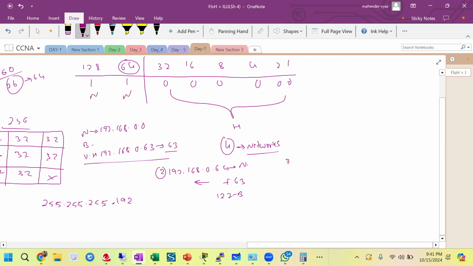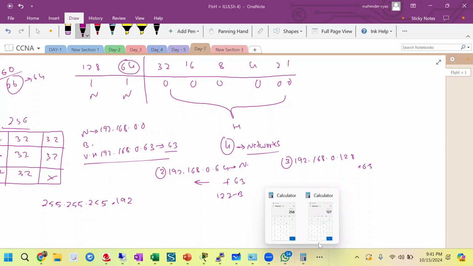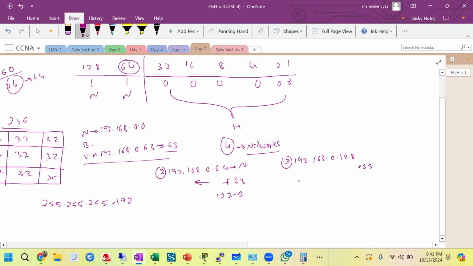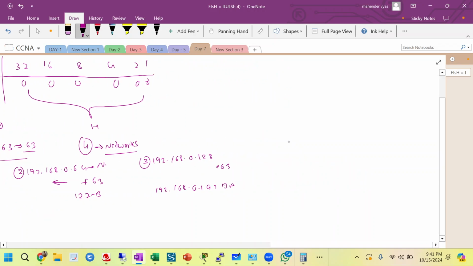Now the third network. Here it is ending with 127, so the third network will start with 128. 128 plus 63 is 191, right? So 192.168.0.191 is your broadcast address. Now the fourth network.